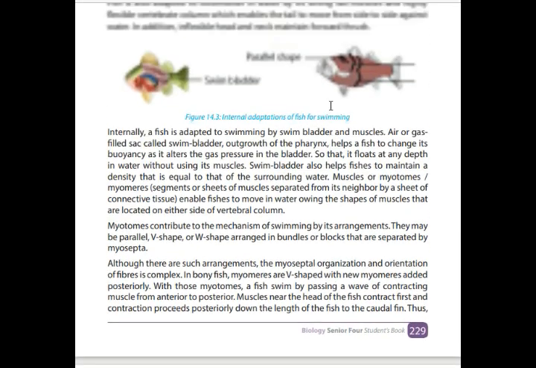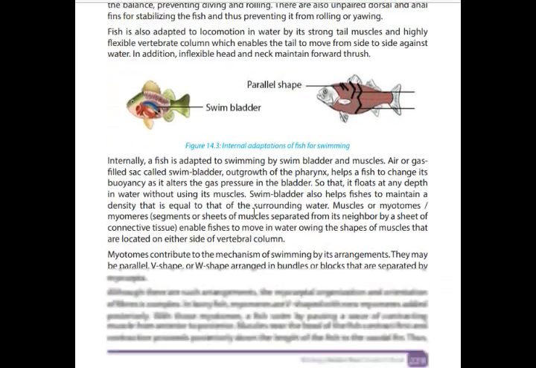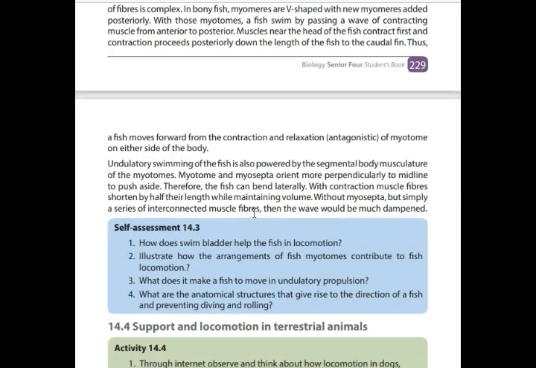We stopped at the undulatory swimming of the fish, which is powered by the segmental body musculature of the myotomes, where the myotomes and myosepta orient more perpendicularly to the midline to push aside.